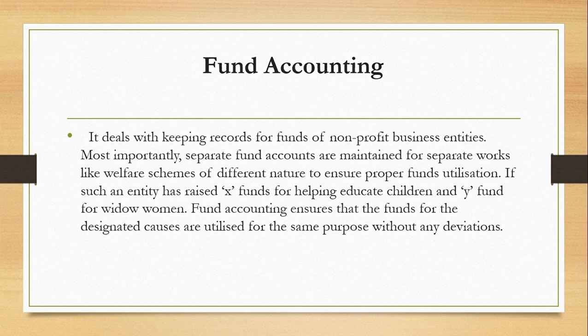If such an entity has raised X amount of funds for helping educate children, Y amount of funds for widow women, etc., these are to be recorded. So fund accounting ensures that the funds for designated causes are utilized for the same purpose for which they were raised, without any kind of deviations and gaps.